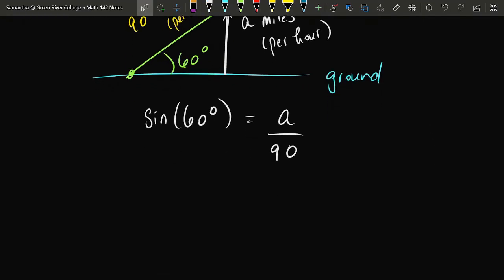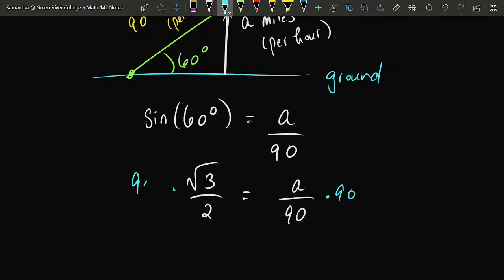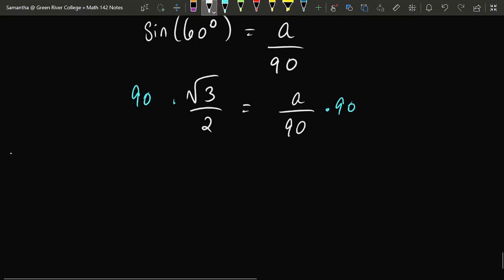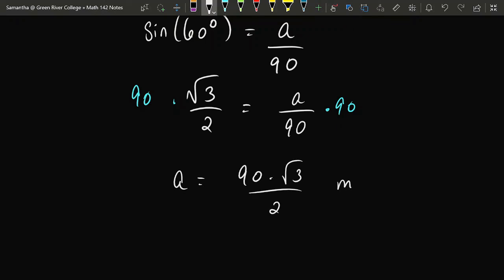Looking at our unit circle reference image, sine of 60 degrees is equal to root 3 over 2. And therefore, if I clear the fractions, the object covers a distance of a equals 90 times root 3 over 2 miles in 1 hour.